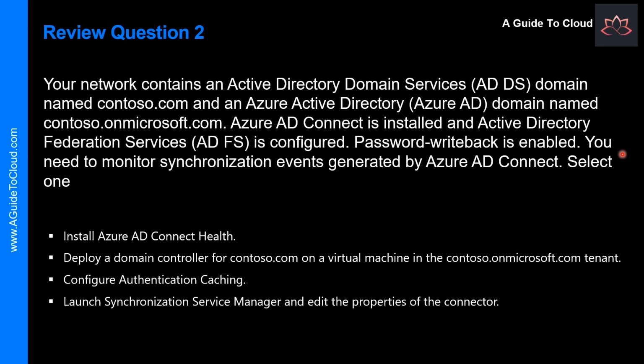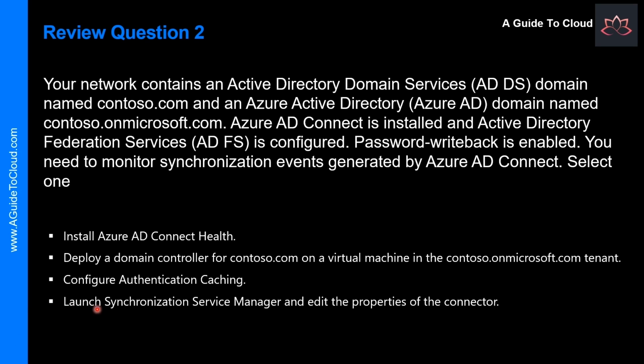Password writeback is enabled. You need to monitor synchronization events generated by Azure AD Connect. Select one. So the question is, you enable password writeback. Now you need to monitor the synchronization events generated by Azure AD Connect. So which option below will you use to monitor the events generated by your Azure AD Connect?